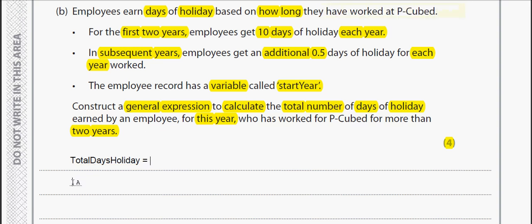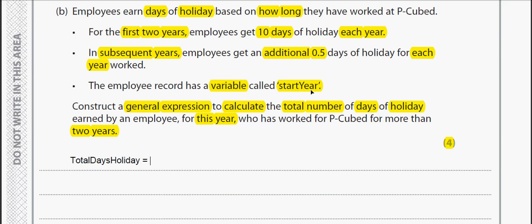So what's our input? What do we need to know? Well, the days of holiday are based on how long the employee has worked at P cubed. However, that information isn't specifically given here because it's a general expression and people will have worked for different lengths of time. But this third bullet point is there for a reason. All the exam board's information is there for a reason. So there's a variable called start year.